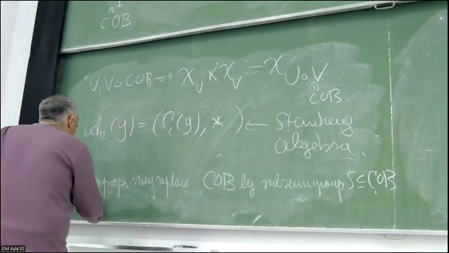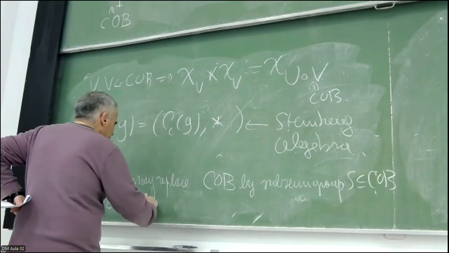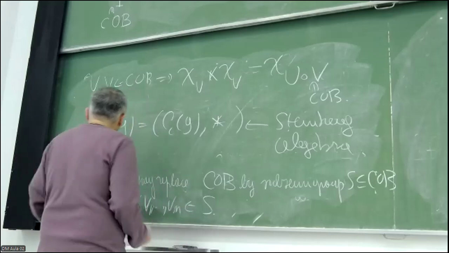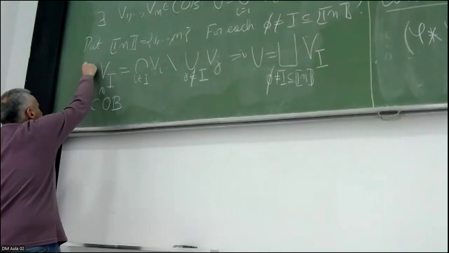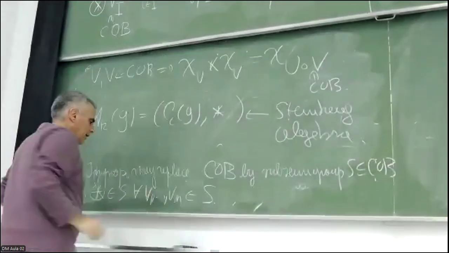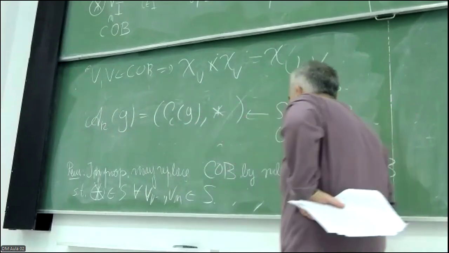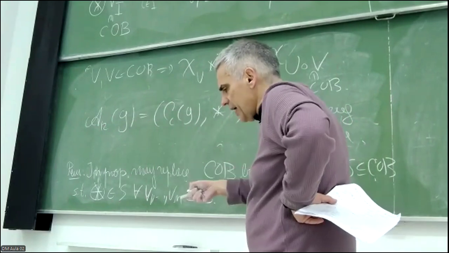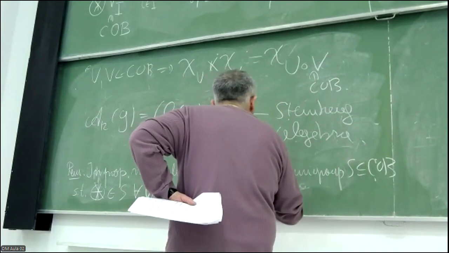Okay, such that these things are again in S for every V1 through Vn in S, and these things... Okay, and so this S, typically we have a semigroup S acting on a space X, and the cops that we consider are these ones.